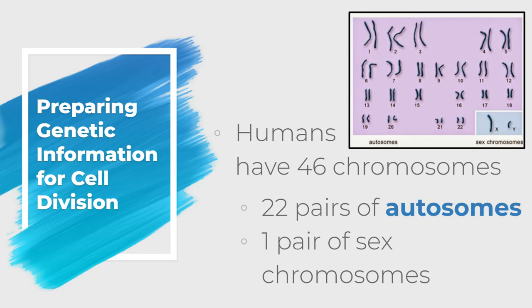The last pair that is in the gray-blue box, that is your sex chromosomes. Those are going to determine your sex. So if you are XX, your sex is female. If you are XY, your sex is male. Now, there are different genetic disorders that can give you multiple X's and Y's.